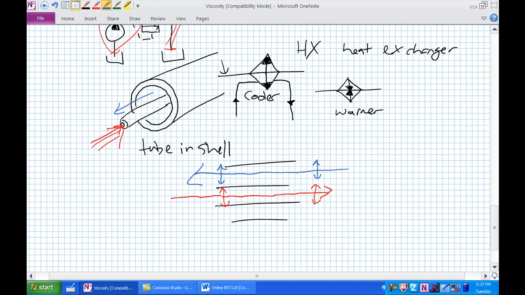This can also be modified in something known as a baffle plate assembly.